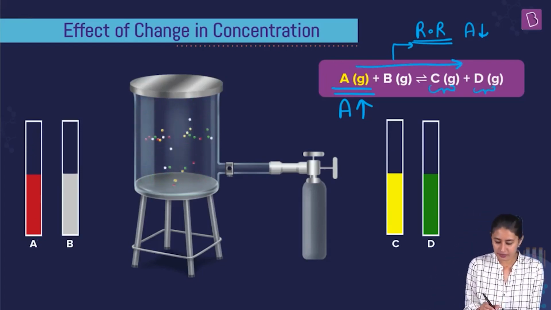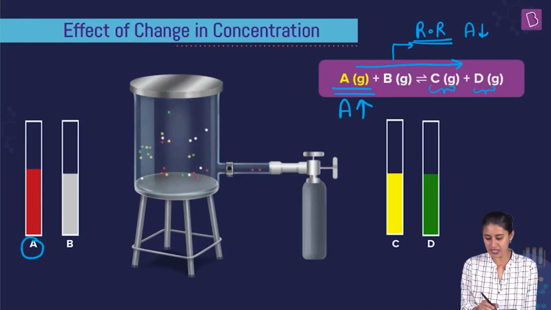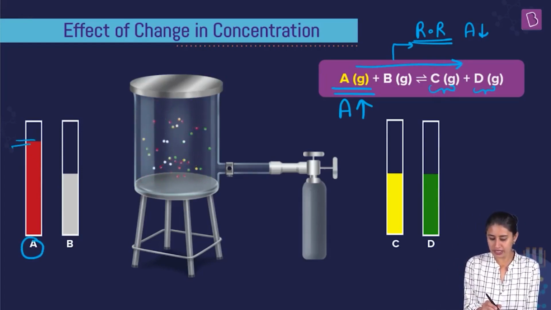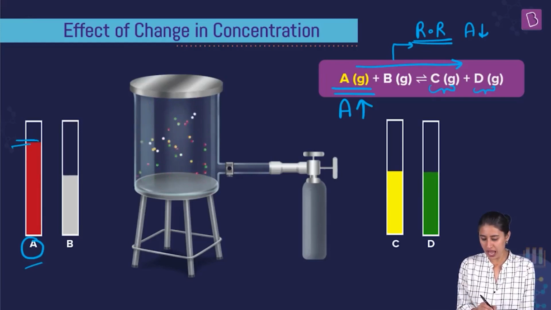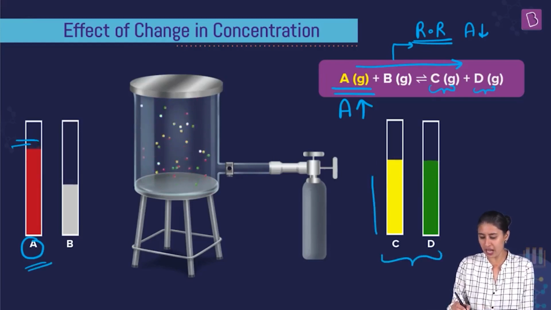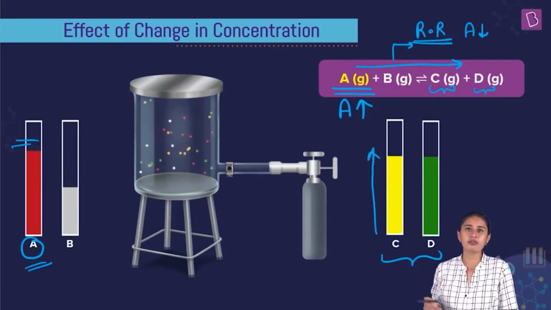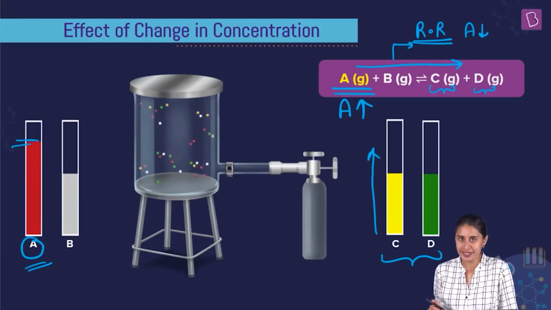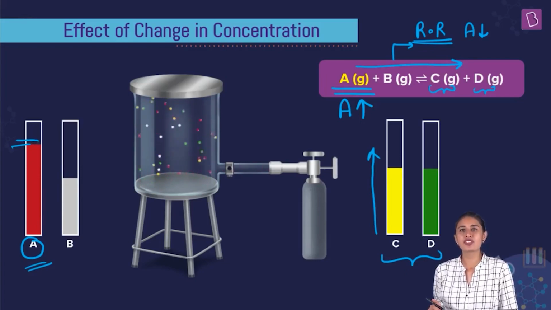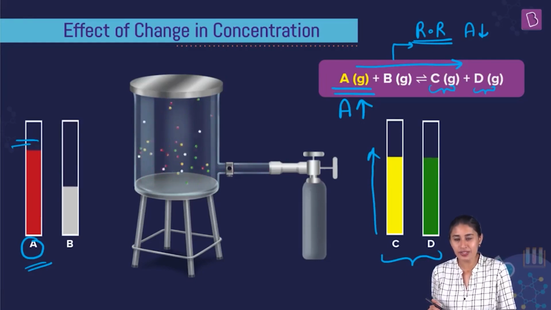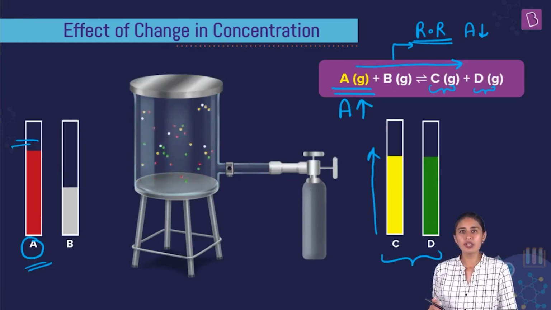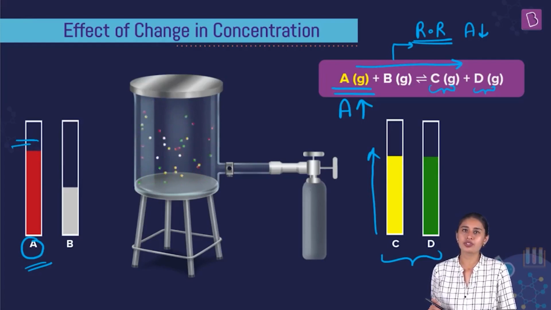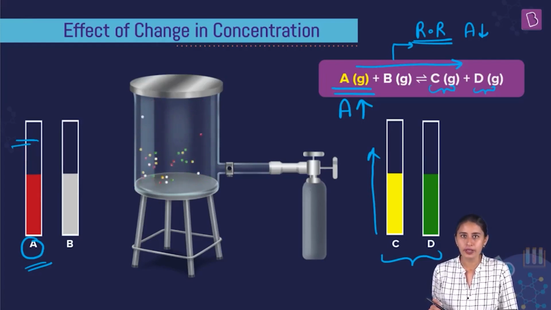In fact, when we increase A, C and D start increasing. Please check it out. So if we are increasing the concentration of the reactant, the reaction responds in such a way that it decreases the concentration of reactant, which can be done only if the reaction goes forward.